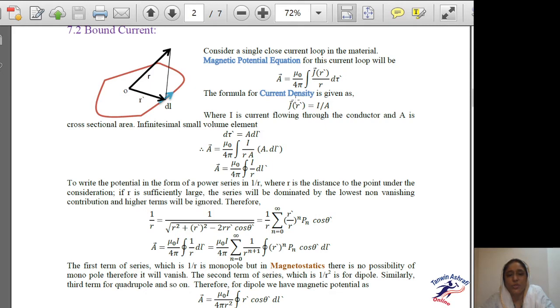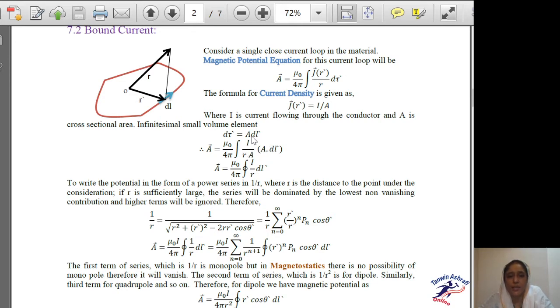If we substitute the value of J and the value of volume element d tau prime in the above equation of the potential, we get potential A equal to mu naught divided by 4 pi, integration of I divided by A R times A dl.